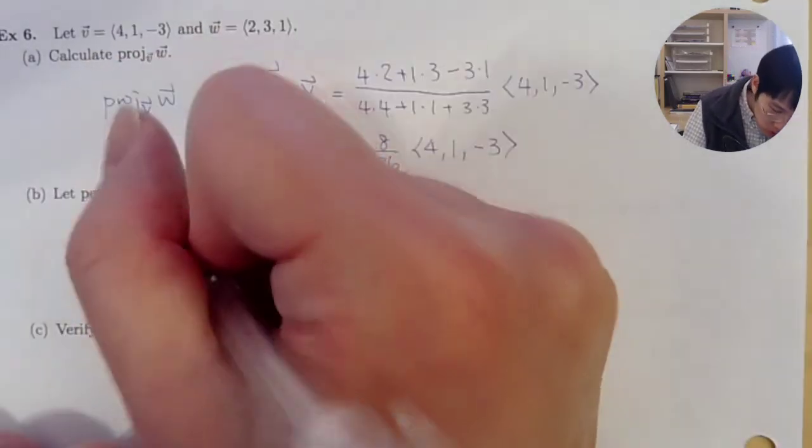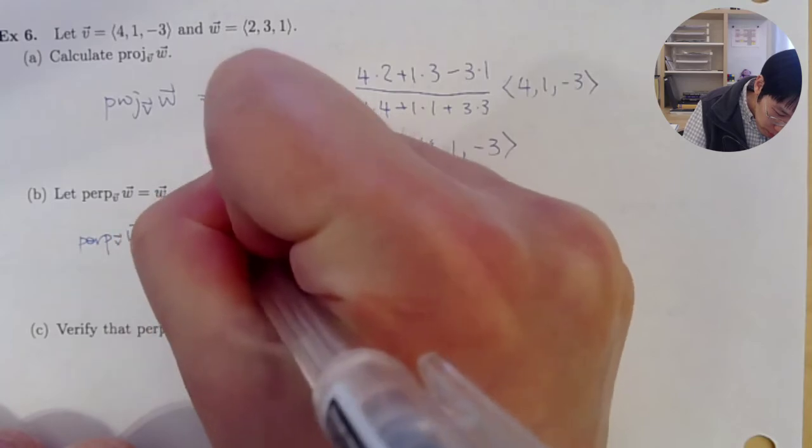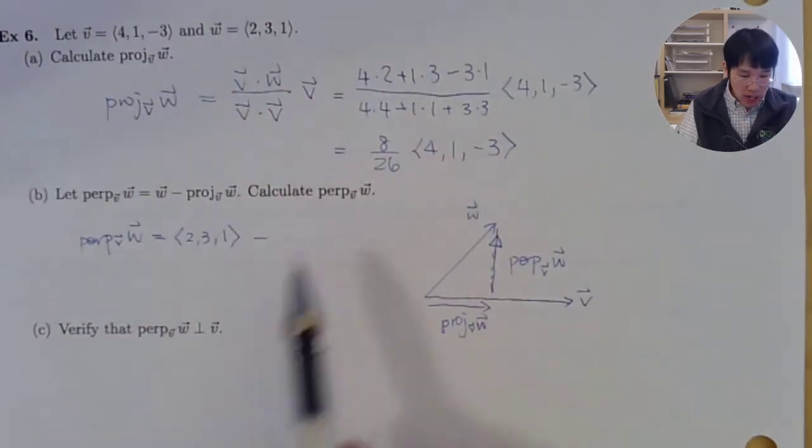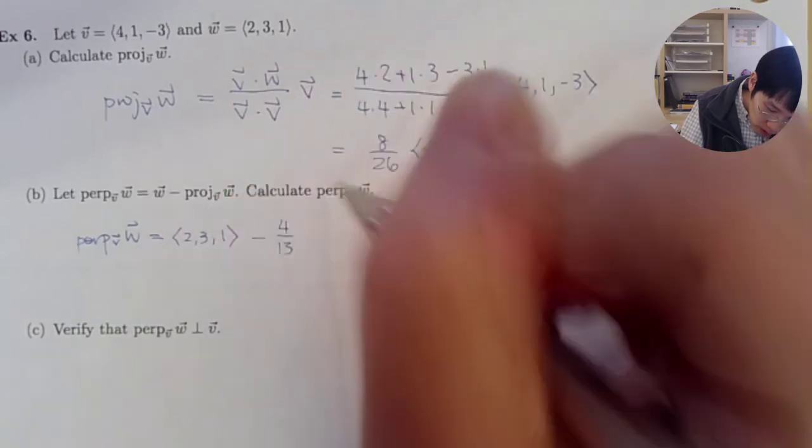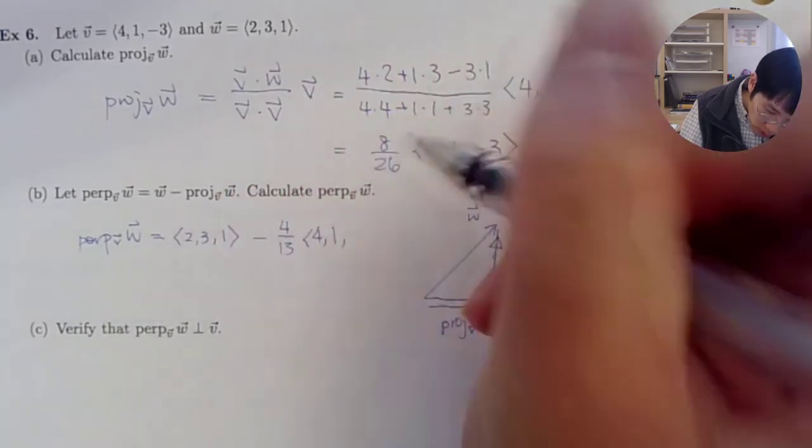So W is 2, 3, 1. And proj VW we calculated above. Let me simplify that to 4 over 13, 4, 1, negative 3.